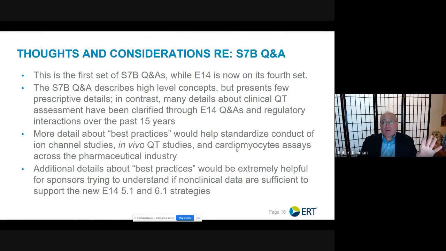Right now, we don't always see all of the details or understand all of the details of how the patch clamp studies are done or how the animal ECG data were collected. But I think that's going to be much more important going forward.